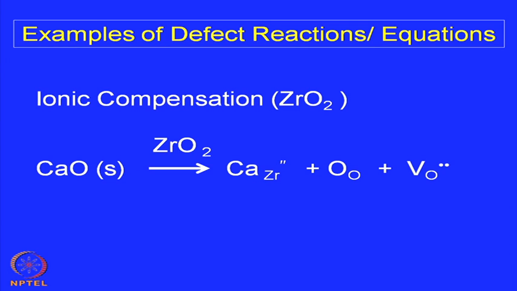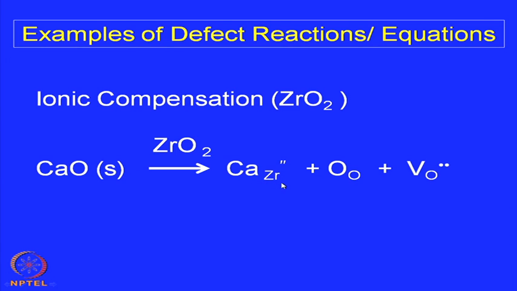Fortunately, the charge has been balanced in this fashion. You remove some oxygen; some oxygen ions are completely removed. Here there is no change of valency, because all these ions are very stable valent ions, whether it is oxygen, zirconium, or calcium.